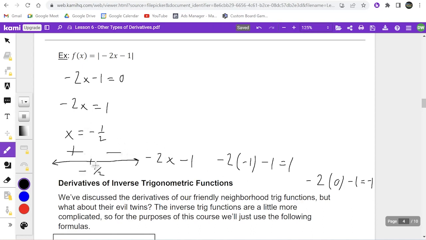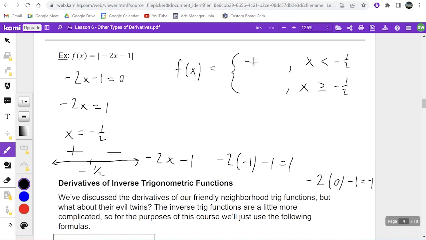And now from this number line, I'm going to construct my piecewise function. If you want, you can either start with the function itself, or you can start with the x is less than negative 1/2 and x is greater than or equal to negative 1/2. I don't care what you start with. I'll start with that because I think it's easier. But the function, since it's positive over here, I don't change it.